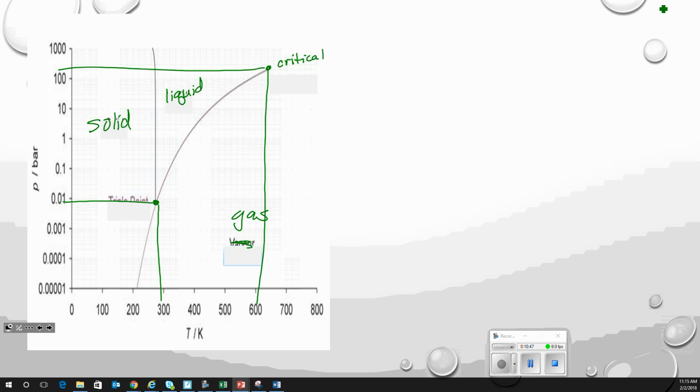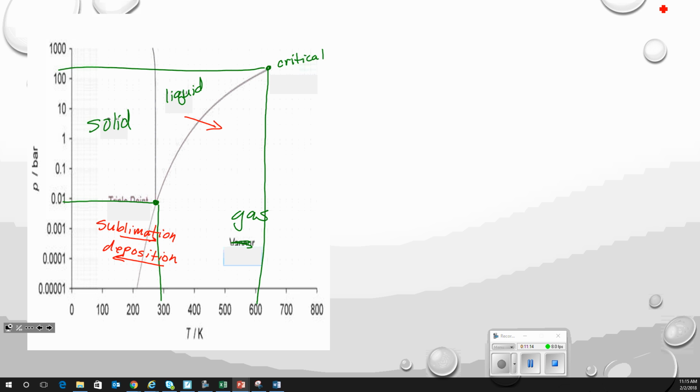Okay, now, what is it when I go this way across that line? Melting. No, freezing. No. Boiling. Sublimation. Remember, this is the funky one down here. What if I go this way during that line? Deposition, good. Okay, now what if I go this way on that line?